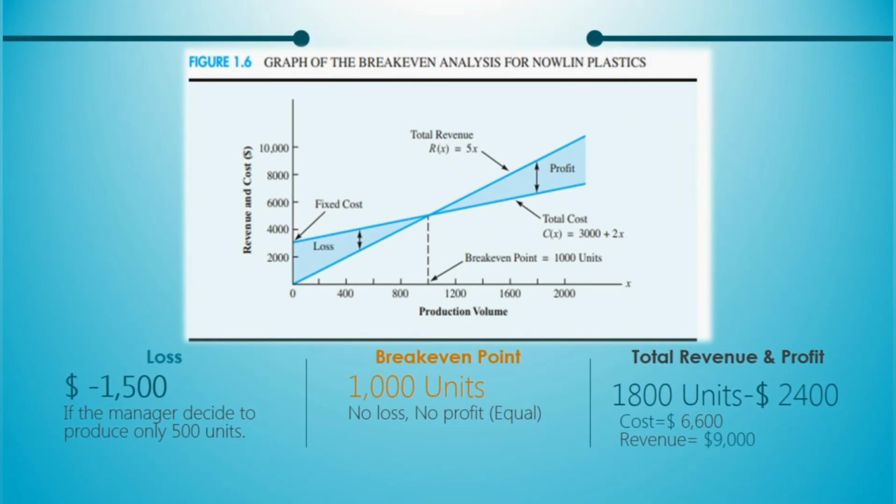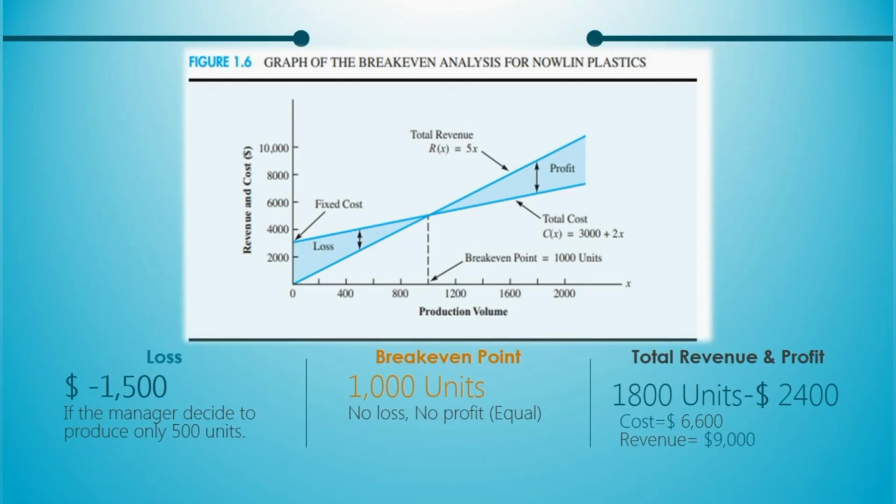Let's take a look at the graph of the break-even analysis for Nolan Plastics. We can see in the graph that if the manager decides to produce only 500 units, it will result in $1,500 of loss. Then, we have 1,000 units as the break-even point, wherein no loss, no profit.